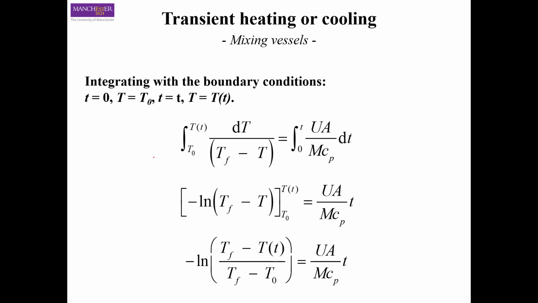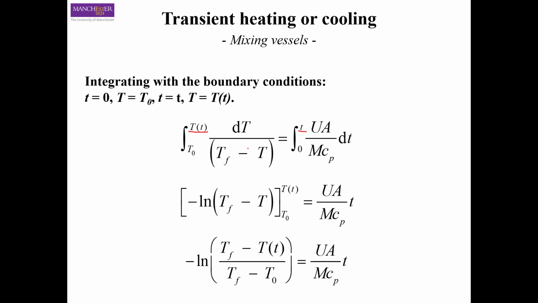If we apply that boundary condition to this differential equation, the temperature T goes from T naught, the starting point, to any arbitrary value of temperature at time t. On the right hand side, we are integrating from time 0 to an arbitrary value of time, t.